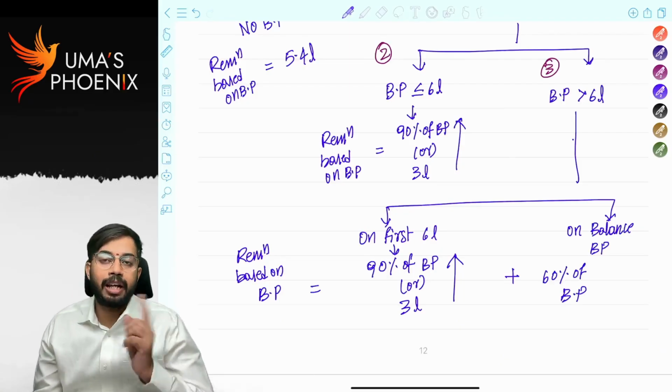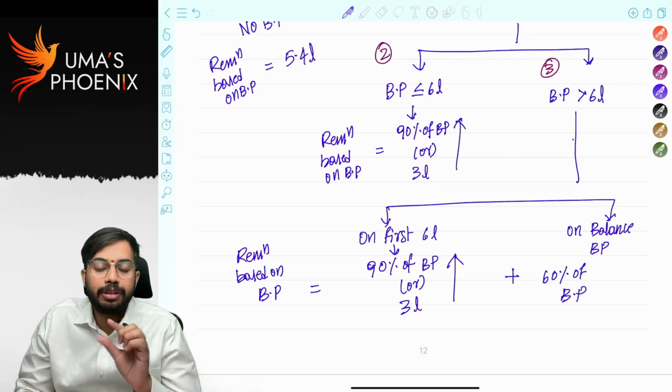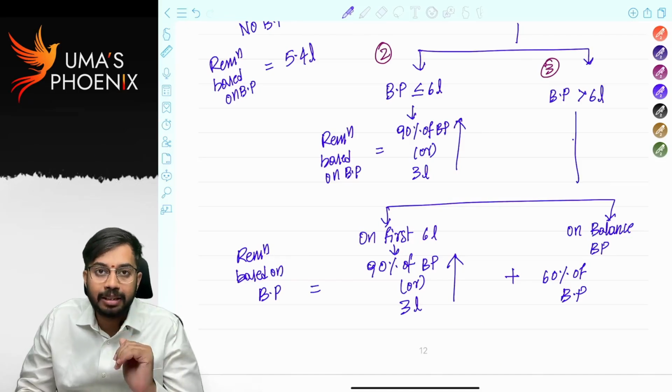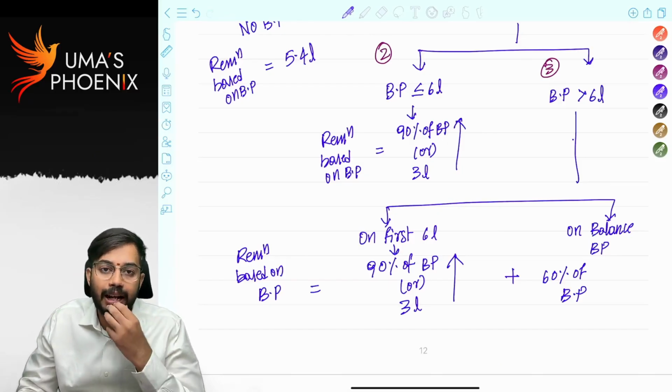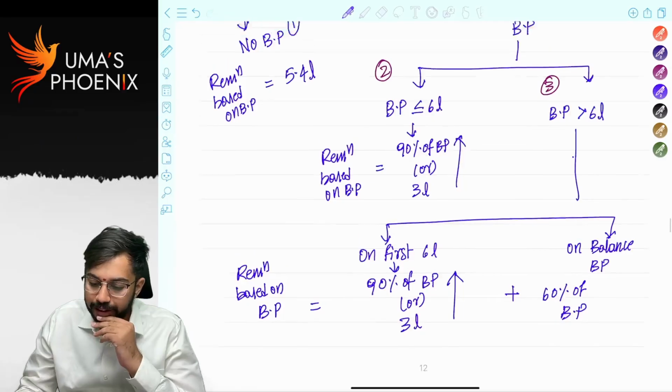So if book profits are greater than 6 lakhs, remuneration is, on first 6 lakhs, 90% or 3 lakhs whichever is higher, and on balance book profits, 60% will be considered as remuneration based on book profits.